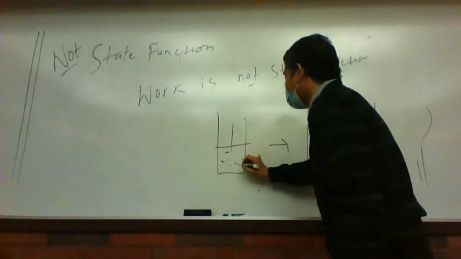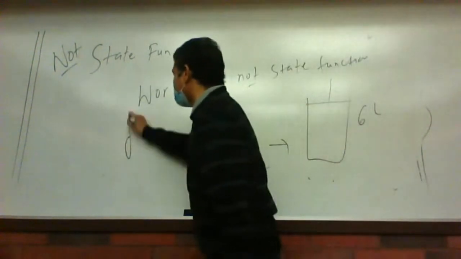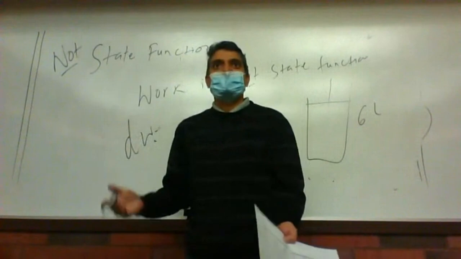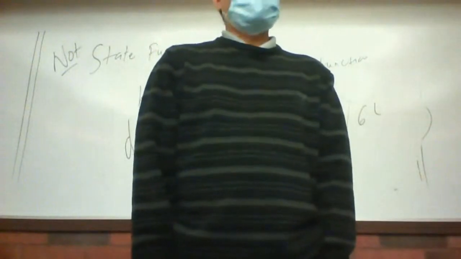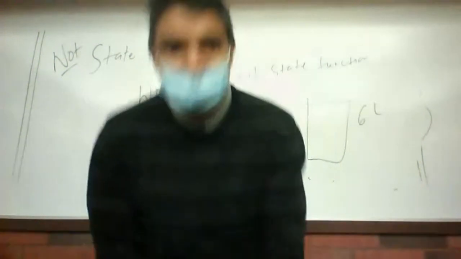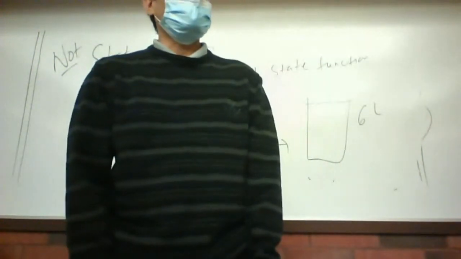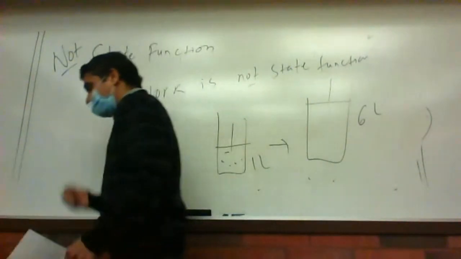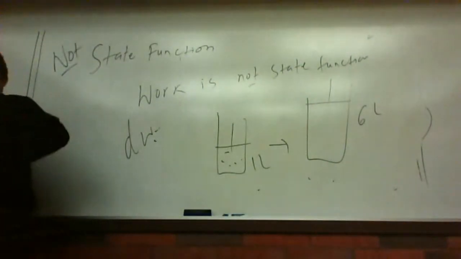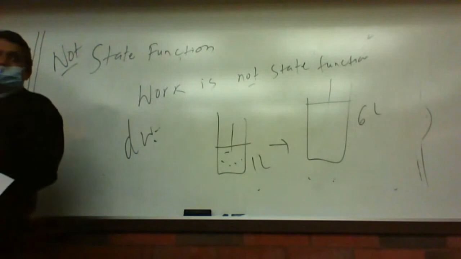If you do work very slowly, you get a lot of value of work. But if you do it very fast, you don't get that much work. So work is not a state function. It's just like if I walk slowly, I don't lose that much heat, right?